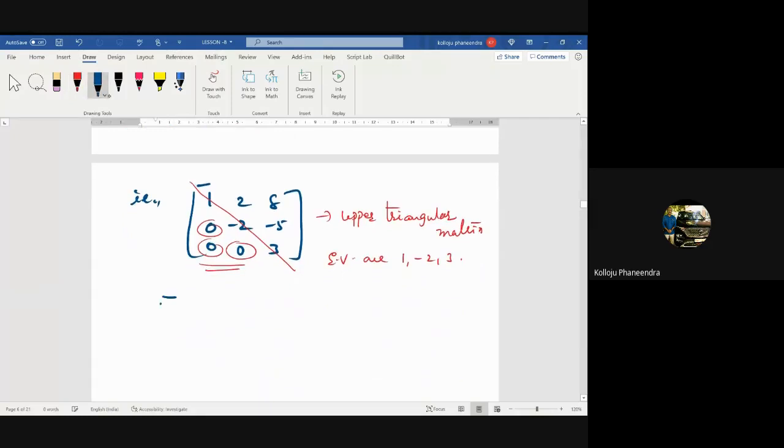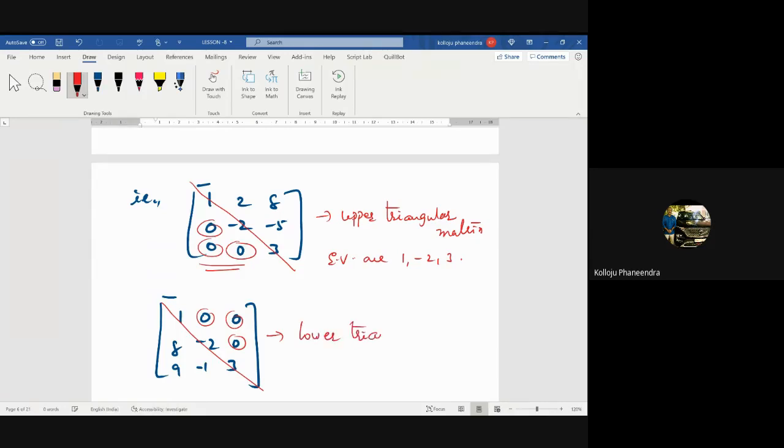And coming to the lower triangular matrix, same thing. If I take minus 2, 3, some 8, some 9, and this is something, whatever it is, negative 1, and above the principal diagonal, the values are 0. This is called a lower triangular matrix.